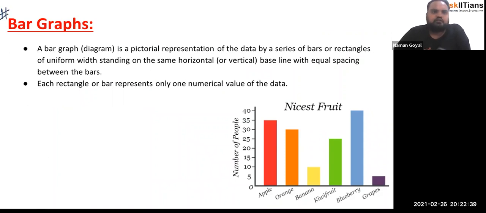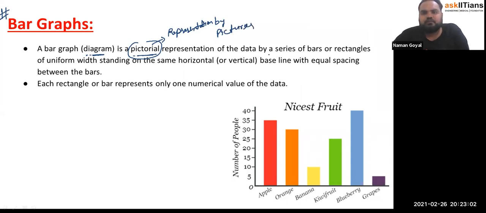Next is what? Bar graph. A bar graph is a pictorial representation, in which we represent data by pictures. See, pictorial means picture representation. Representation of the data by a series of bars or rectangles, right?